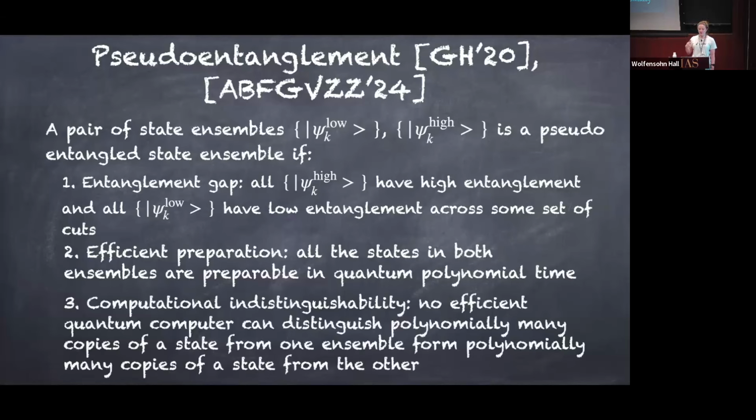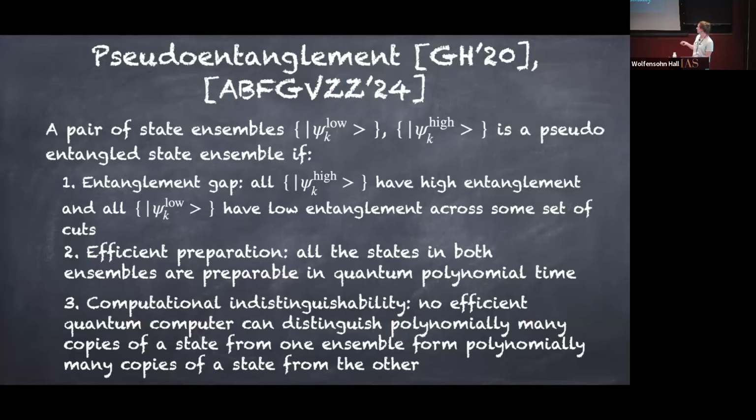That means no efficient quantum computer should be able to distinguish polynomially many copies of a state from psi high from polynomially many copies of a state from psi low. And in order for it to be clear that this computational indistinguishability isn't just an artifact of these being very complex states, we need the states themselves to be efficient to prepare.